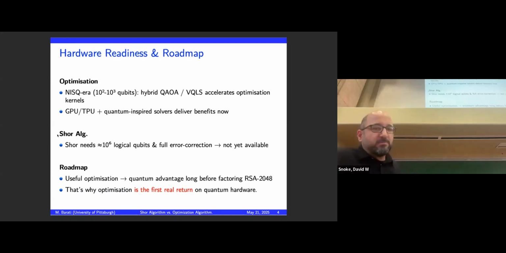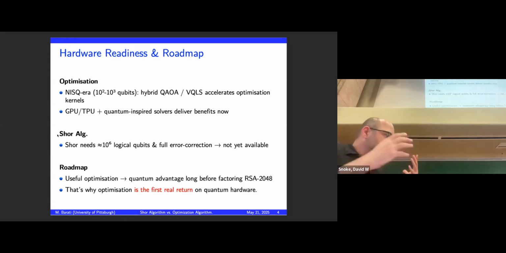By also taking advantage of GPUs and TPUs plus quantum-inspired solvers, this combination can deliver benefits to the optimization community. But for the Shor algorithm, we need around 1 million logical qubits and full error correction in order to have a successful Shor algorithm, which is not yet available.